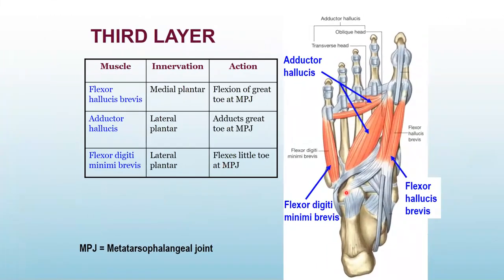Now the third layer is the adductor hallucis. For the hallucis saja dia ada banyak muscle fibers. Okay, for only one toe, the big toe. And you have the flexor digiti minimi brevis. Flexor hallucis brevis.